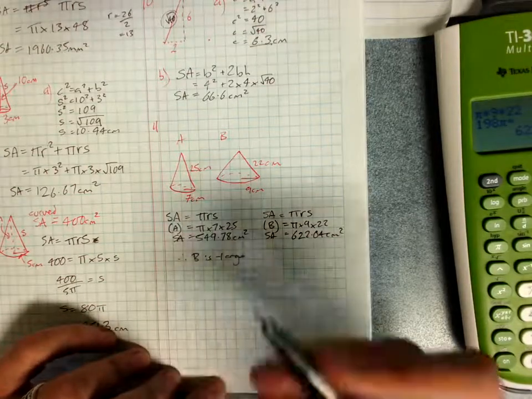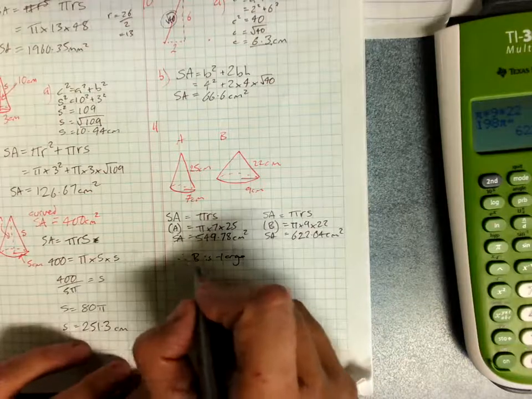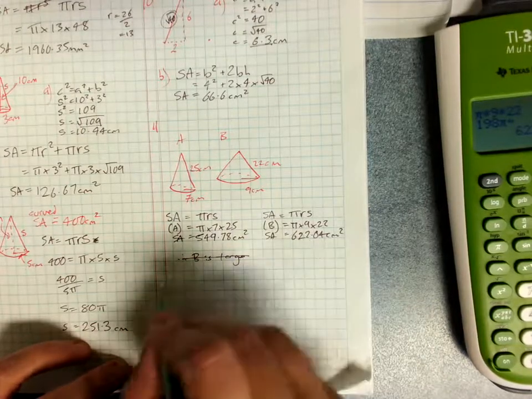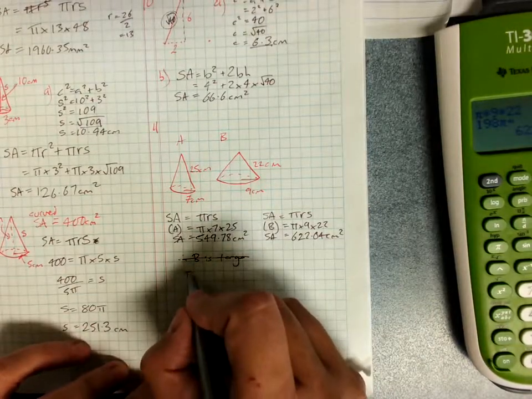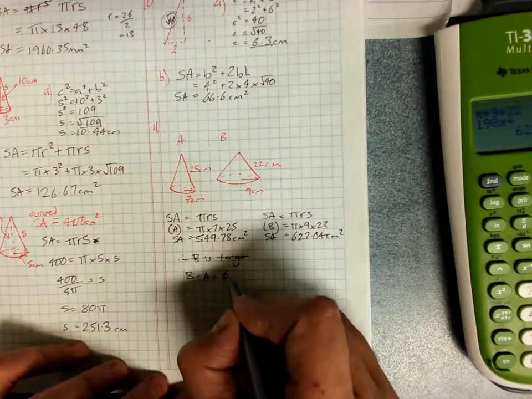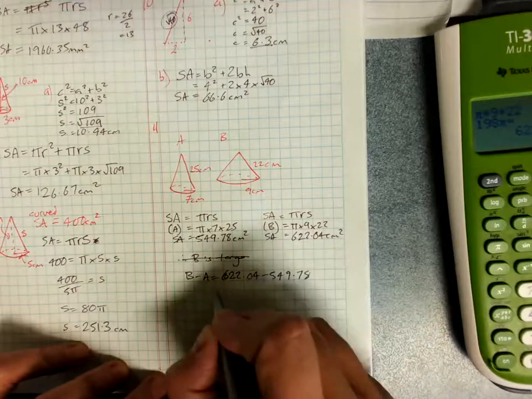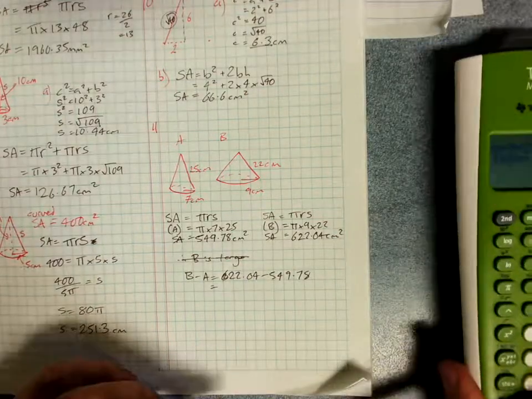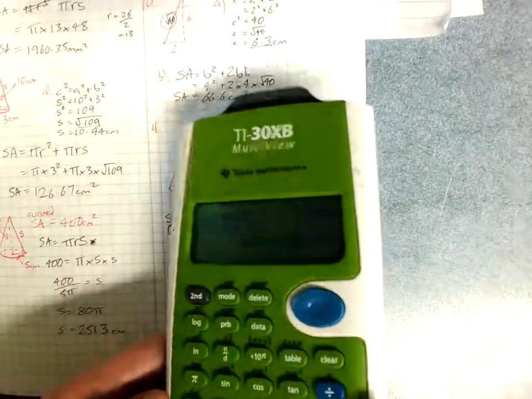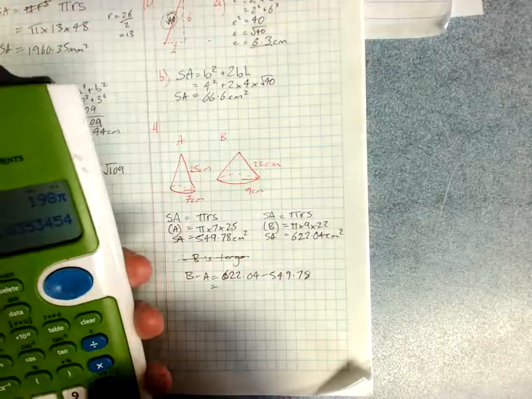Or from the question, which hat has the greatest surface area? Technically, I really should compare these, so subtracting B minus A, if we were being absolutely perfect with our working. I still got the answer to that previous one there, which is quite useful.